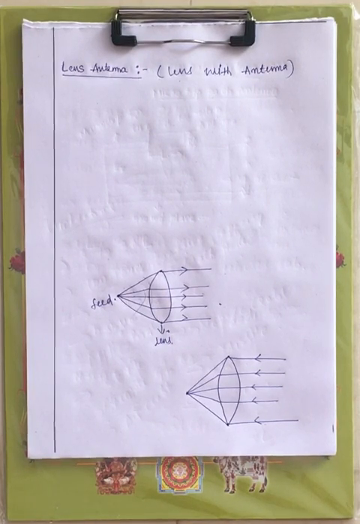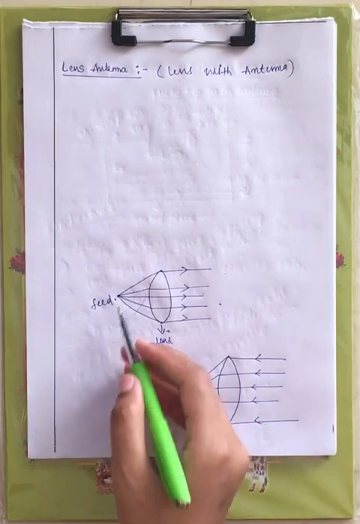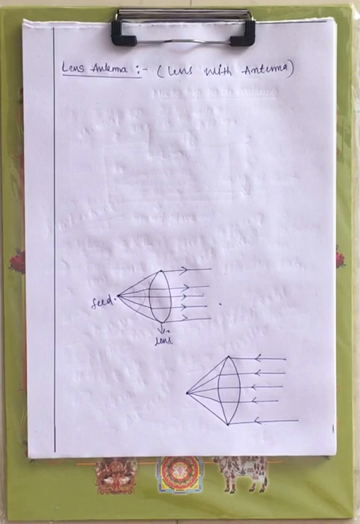The main advantage of the lens antenna is that it doesn't have any blockage. It will allow all the rays, so there is no blockage of the signals. That is the main advantage of the lens antenna over the different antennas used at microwave frequencies. This is the introduction of the lens antenna.